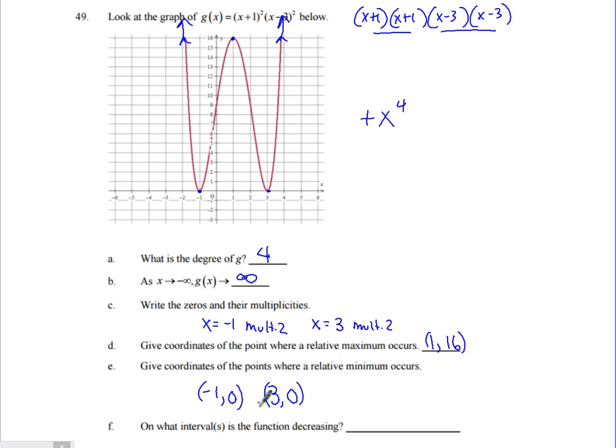All right, on what interval is the function decreasing? So it looks like we're going to decrease 2 times. I'm going to use a highlighter to help us see that. First, we start by decreasing, and then we stop. And then we increase, then we decrease again, and then we increase. So we have to only be talking about our x values. Here, from -infinity to -1, we are decreasing.